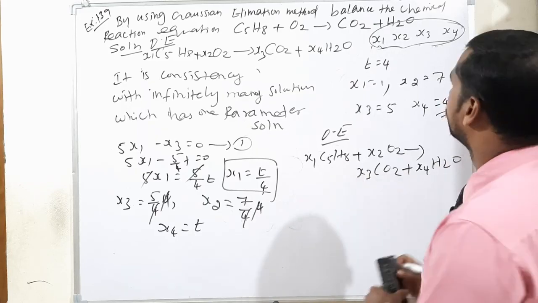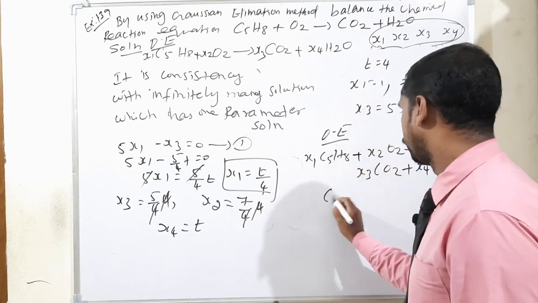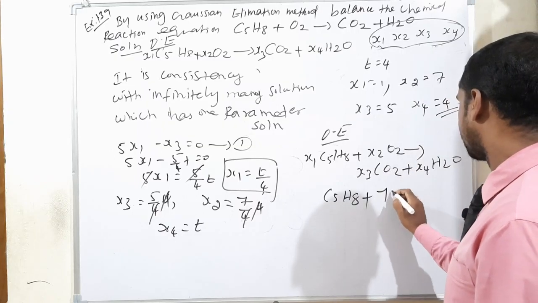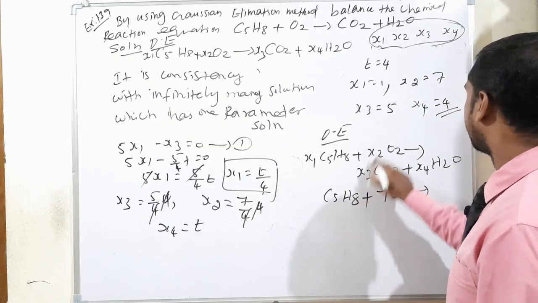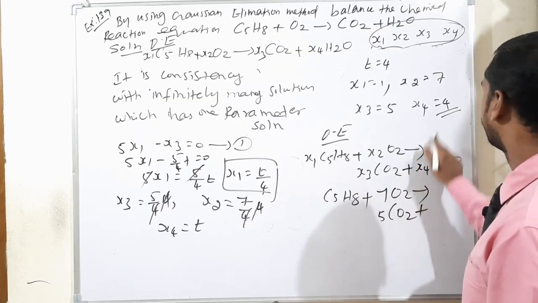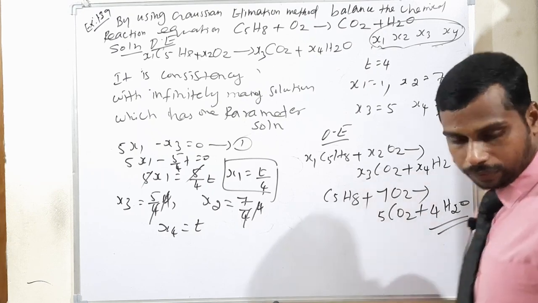Now we can write the balanced chemical reaction. x1 is equal to 1. Therefore, the final answer: C5H8, x2 is equal to 7, so 7 O2 gives x3 value 5, so 5 CO2, then x4 is equal to 4, 4 H2O. This is our needed final line. Okay.